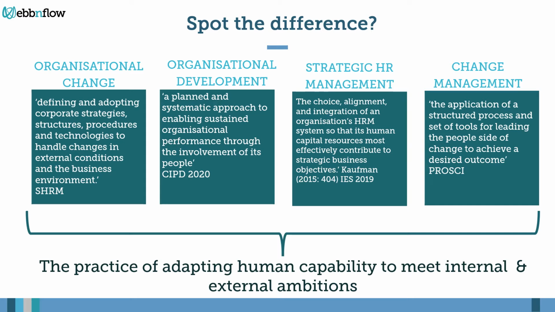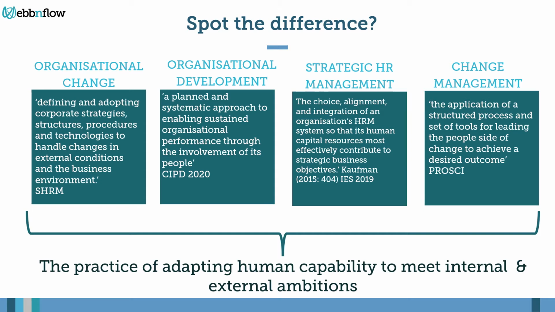And one model that looked promising and gave this new discipline of change management or organisational change legitimacy was Lewin's unfreeze, change and refreeze model, which was referenced in one of the first textbooks on organisational behaviour in 1979.